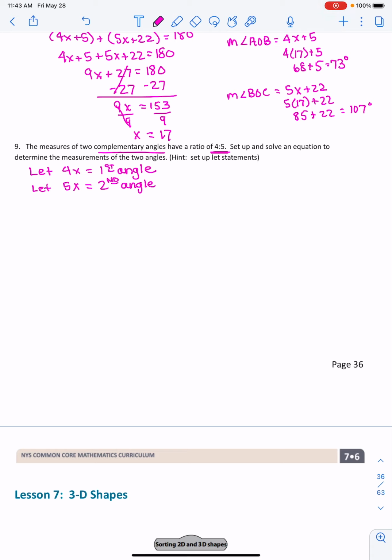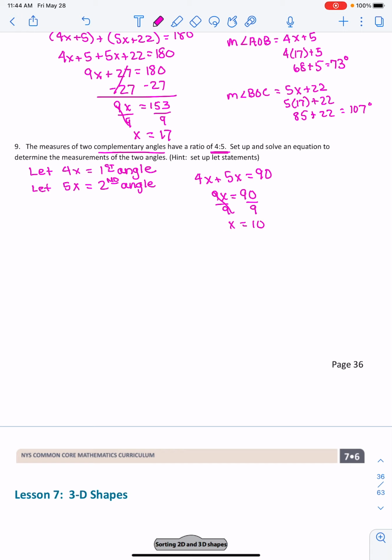So now we are going to add these two together. So in other words, 4x plus 5x equals 90 degrees. So when I add these together, I have 9x equals 90. Divide both sides by 9. And I have x equals 10.